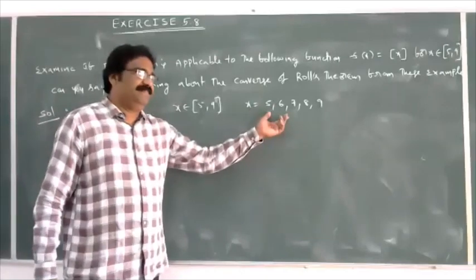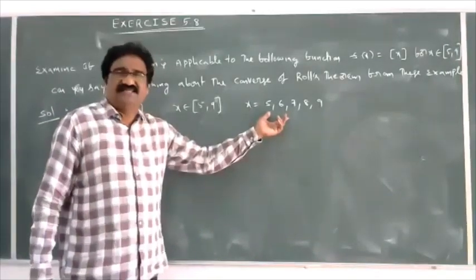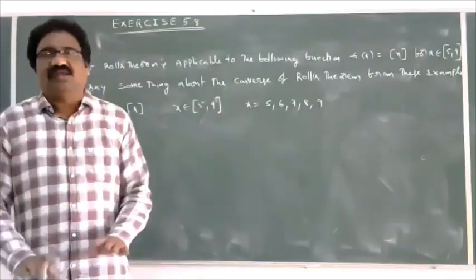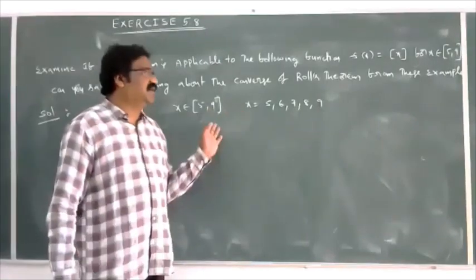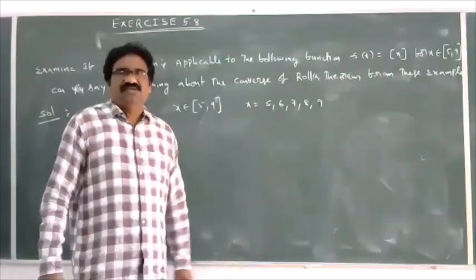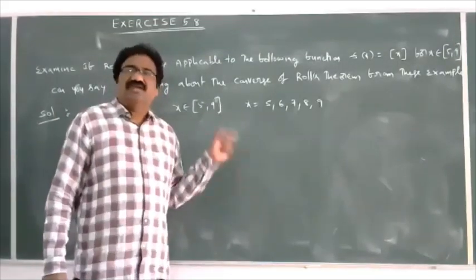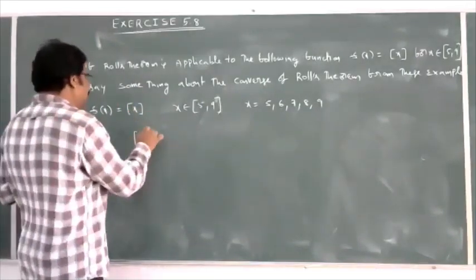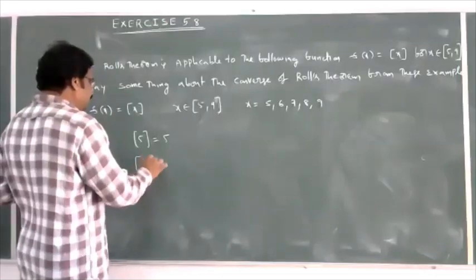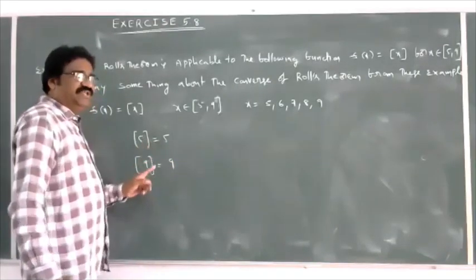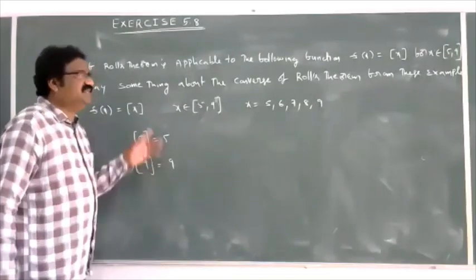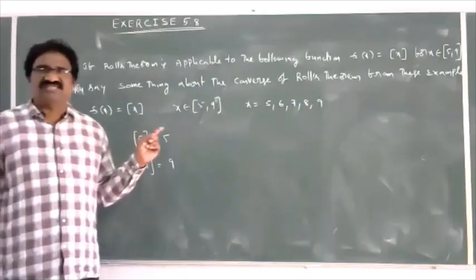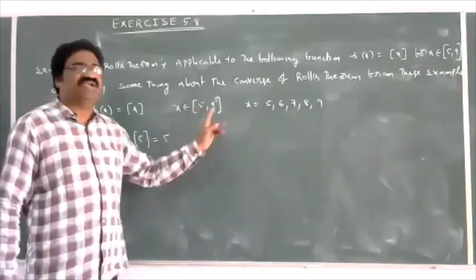These are the integers. At the integers, step x is not continuous and not differentiable. Also f of a, you have to verify that f of 5 is equal to step 5, which is 5, and step 9 is 9. But f of a is not equal to f of b. That's why Rolle's theorem fails. Rolle's theorem is not applicable for the given function f of x is equal to step x in the given interval closed 5 comma 9.